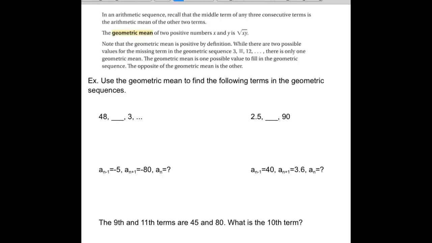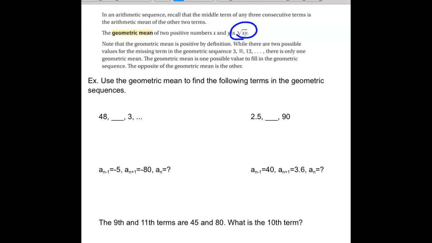And to find that geometric mean, we multiply the first and third term together, multiply those and square root it to find the second term, the middle number. Okay? Note that the geometric mean is positive by definition. While there are two possible values for the missing term in the geometric sequence, there's only one geometric mean. The geometric mean is one possible value to fill the geometric sequence, and its opposite is the other.